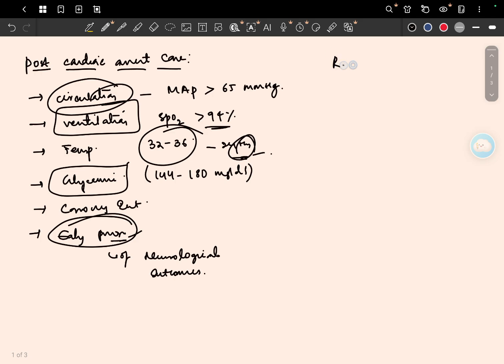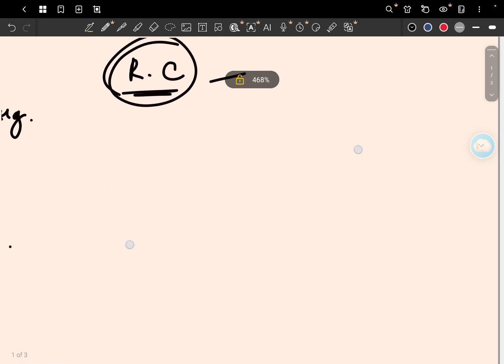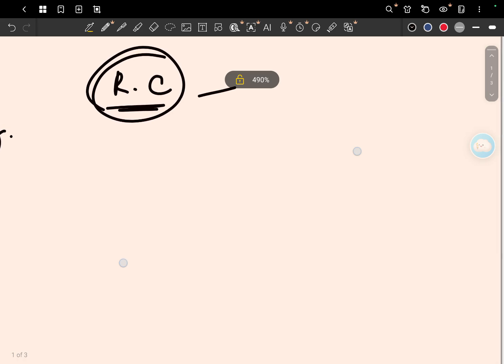Now there are reversible causes. One more thing is that interosseous is given at the tibia. The reversible causes for cardiac arrest are 5H and 5T.